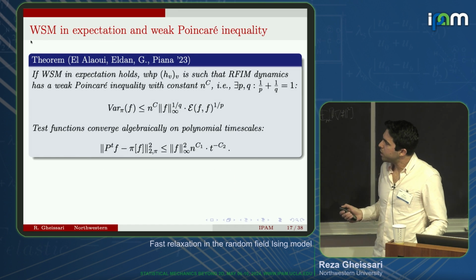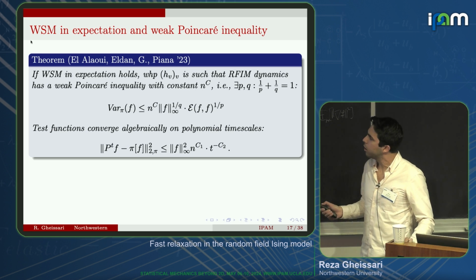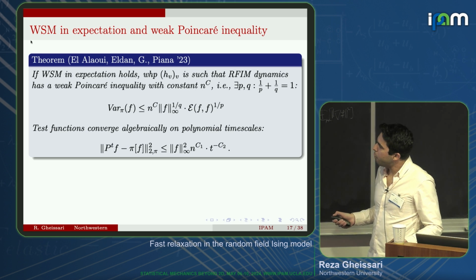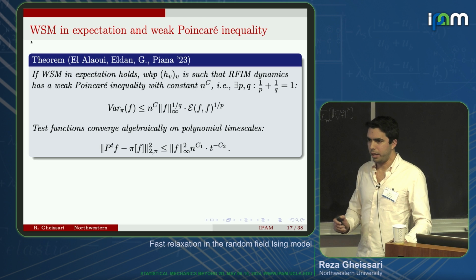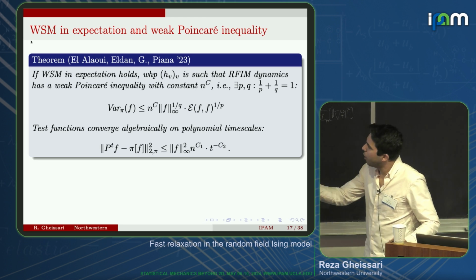So then the theorem says that under the assumption of weak spatial mixing in expectation, so the law of H and beta are such that this holds, then if I take an n by n box, I have what's known as a weak Poincare inequality, as opposed to the standard Poincare inequality with constant that's polynomial.